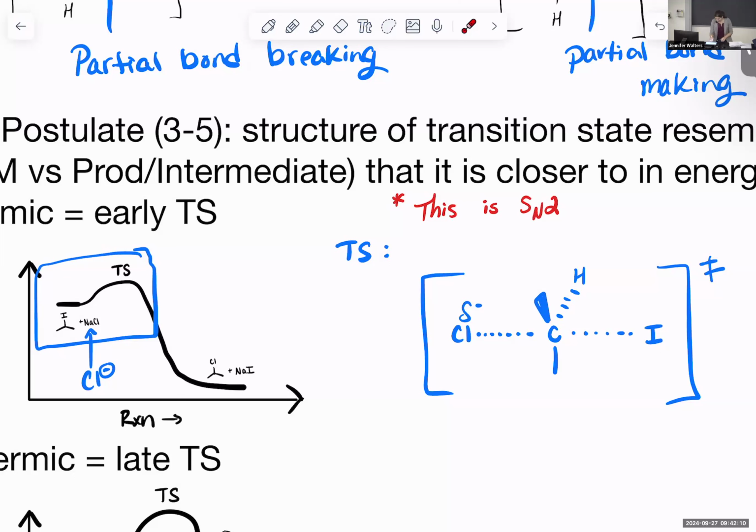So when I look at my initial starting materials, I see that the carbon-iodine bond exists, so it will be short, because it exists where I'm closer in energy. My carbon-chlorine bond doesn't exist yet, so that means it's going to be long.